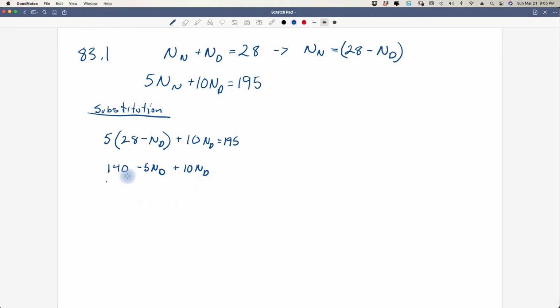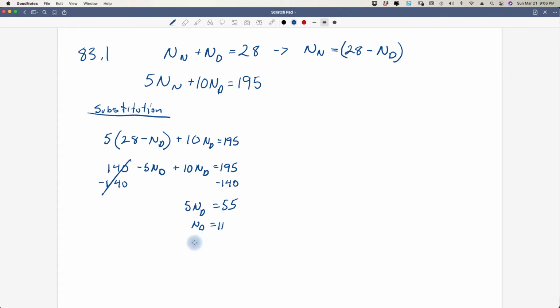We subtract 140 from both sides and combine these two. Negative 5 and positive 10 is positive 5. So 5 times the number of dimes equals 195 minus 140, which is 55. So the number of dimes is 11, because 55 divided by 5 is 11.